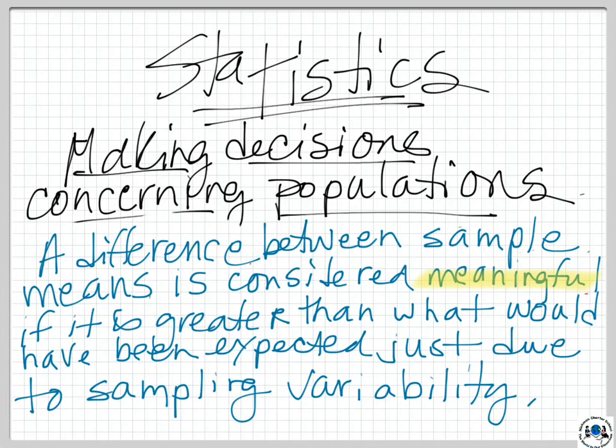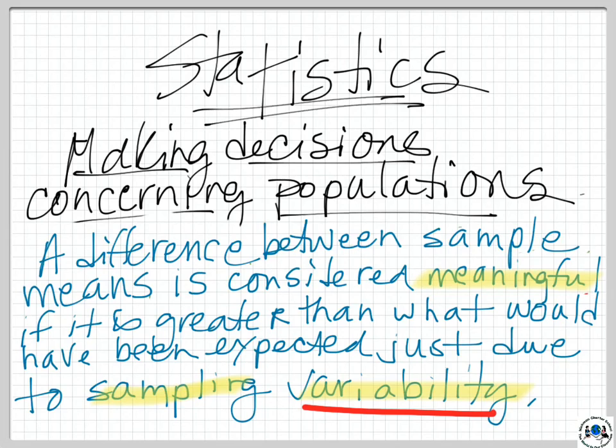And again, we've talked about this idea of sampling variability. You take one sample of people and compare them against another sample of people, and you're always going to have some difference. There's always going to be variability. That is natural. That is something you just deal with in statistics. But what we always try to prove is, is it meaningful?